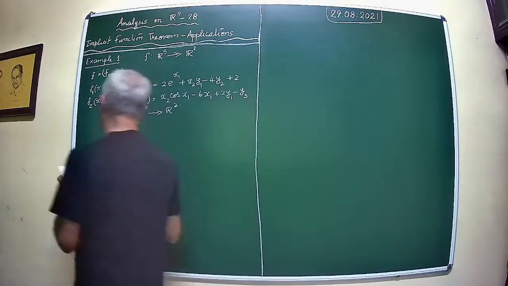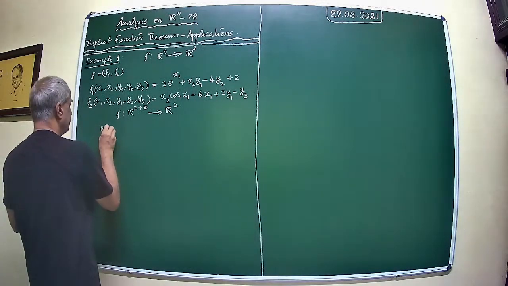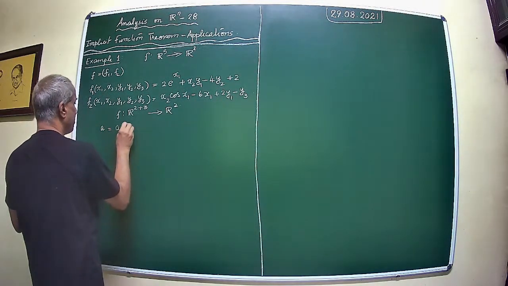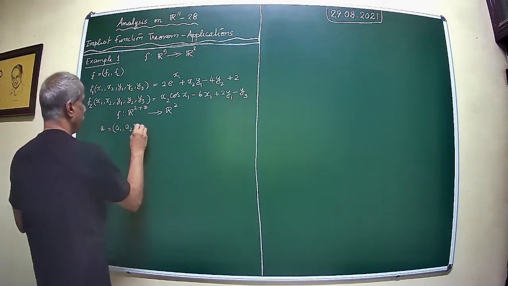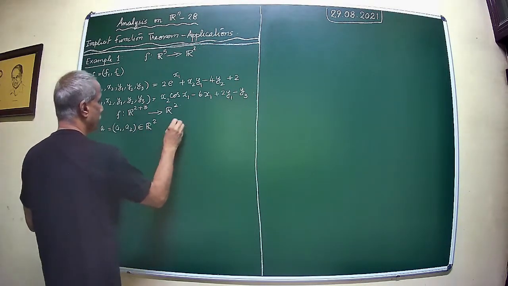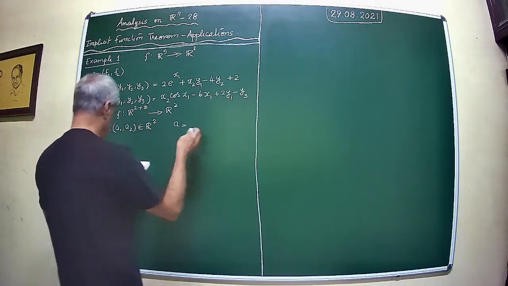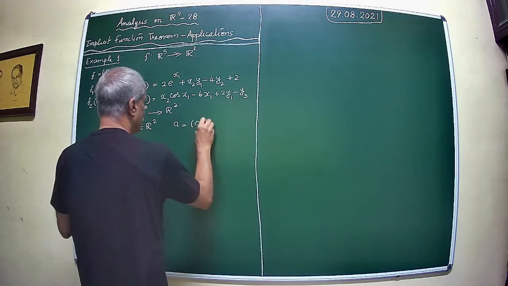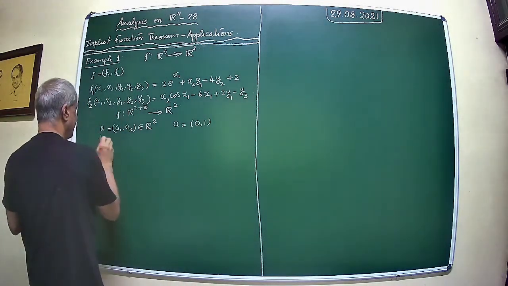Let us consider the points A belonging to R2 and B belonging to R3, A equal to (0, 1), B equal to (3, 2, 7).